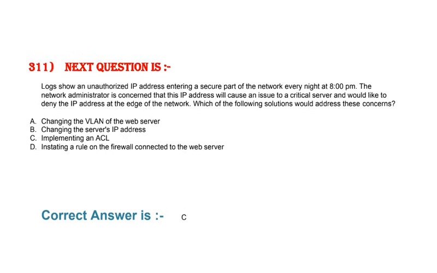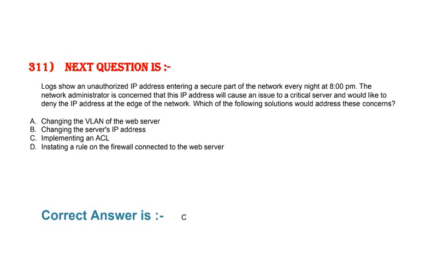Question is, logs show an unauthorized IP address entering a secure part of the network every night at 8 p.m. The network administrator is concerned that this IP address will cause an issue to a critical server and would like to deny the IP address at the edge of the network.